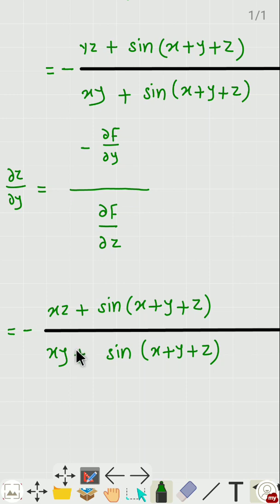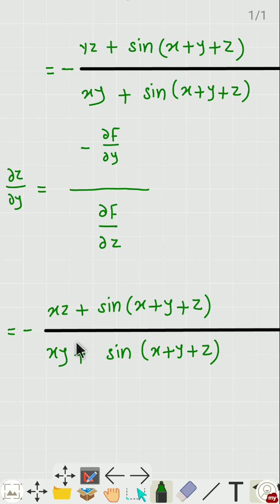Let us go to the next point of this unit, and the next point is the Lagrange method to find maxima and minima for the given function of two variables.